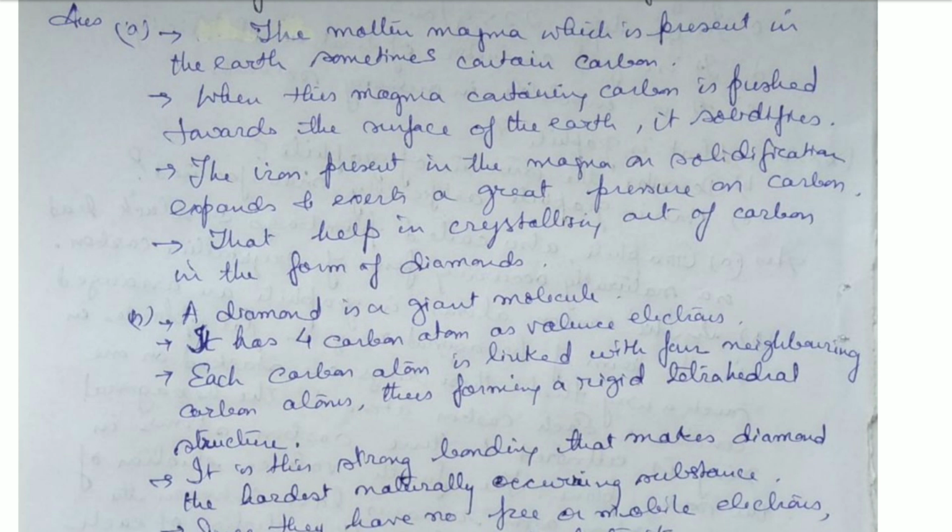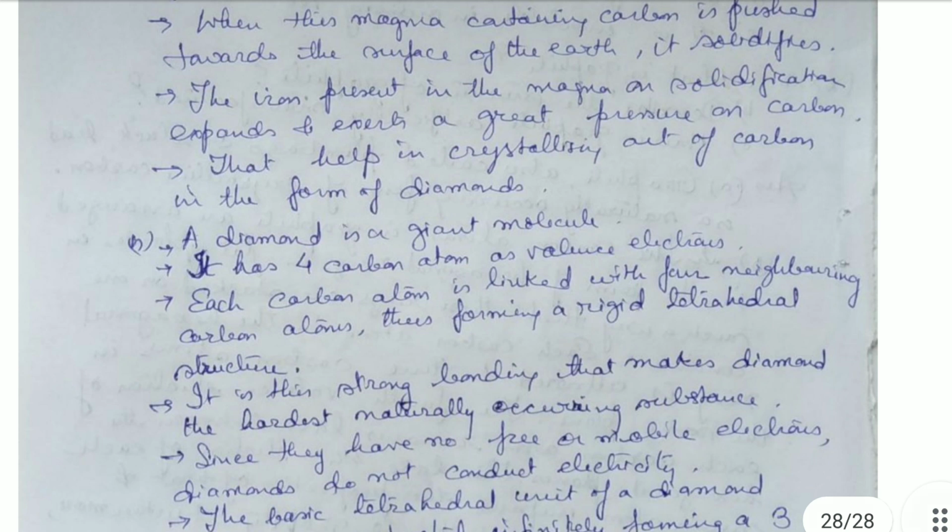The iron present in the magma expands and creates a great pressure on the carbon, and that causes crystallization of the carbon to form diamonds. This is how diamonds are formed naturally.